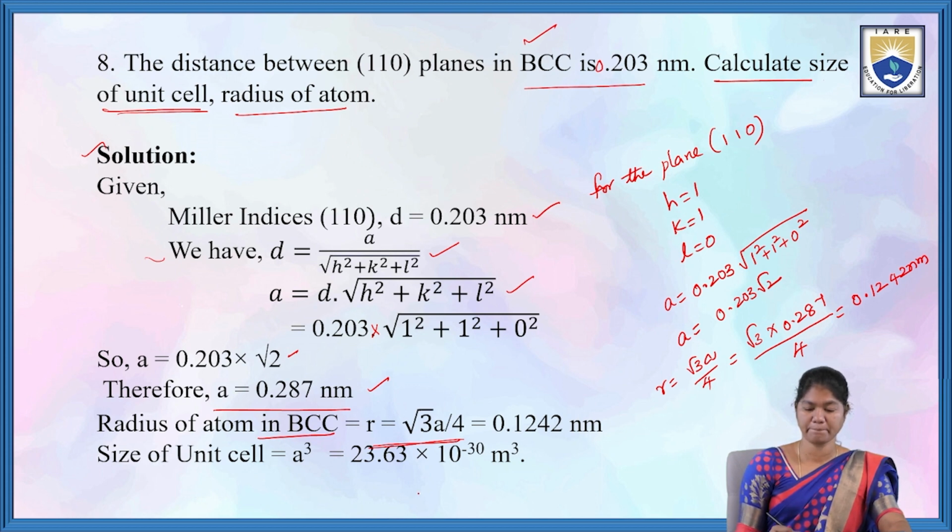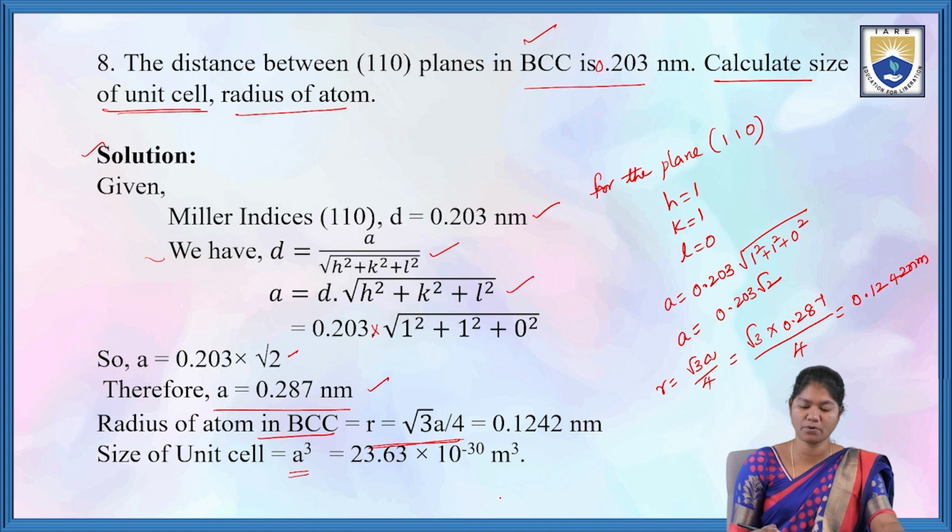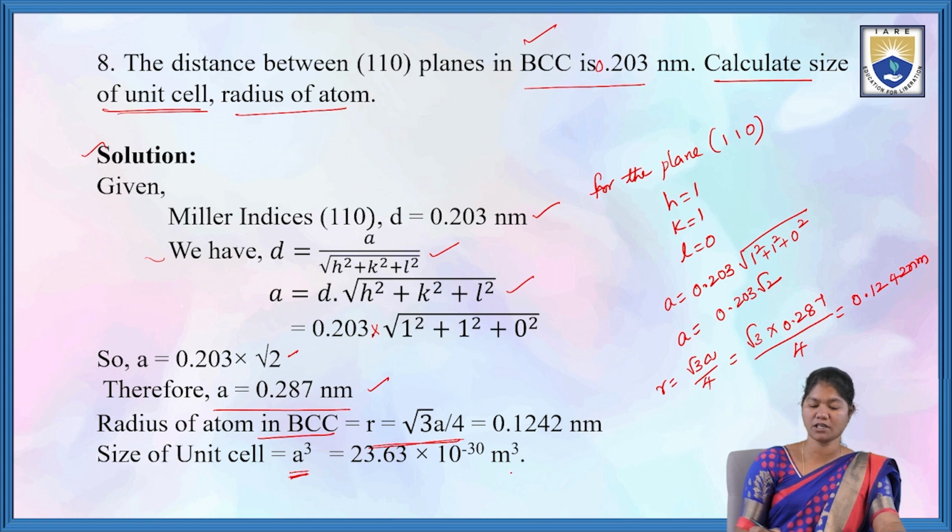Calculating, a cube, 0.287 whole power 3, will have the value 23.63 into 10 power minus 30 meter cube.